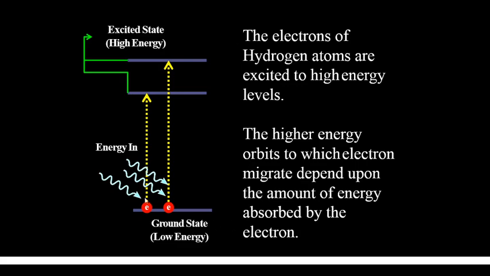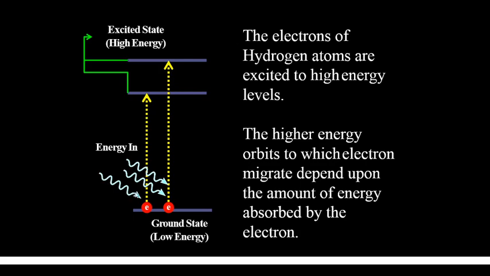The electrons, on getting energy, will be excited to the higher energy states. See here, the ground state electron is excited to the first excited state, or the electron can jump into the second excited state if it gets more energy.